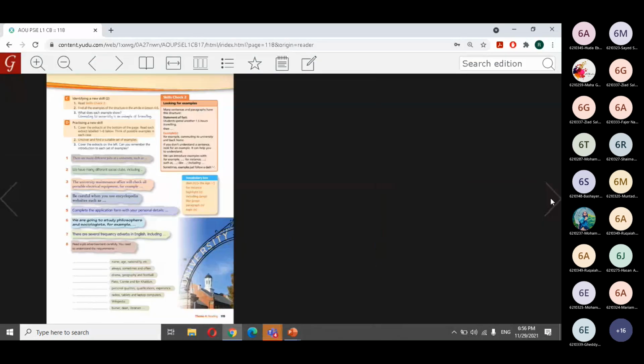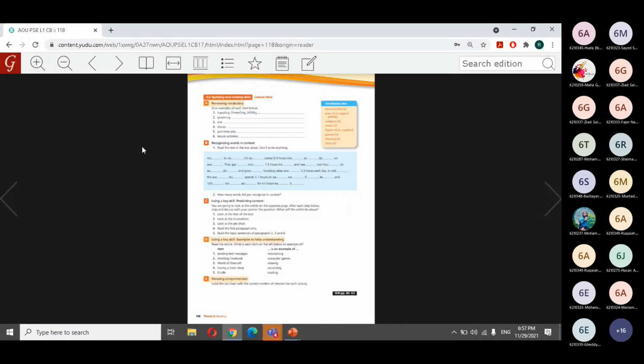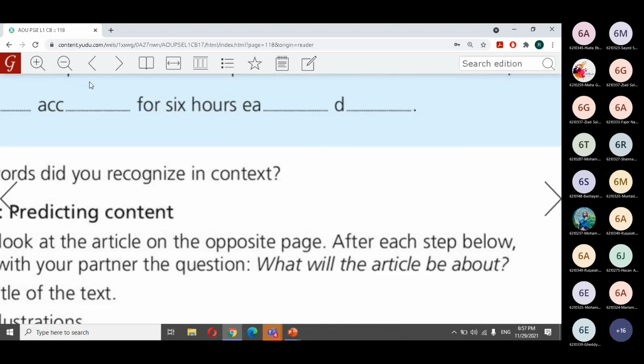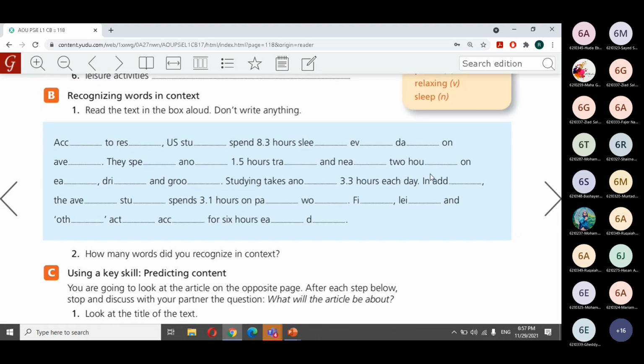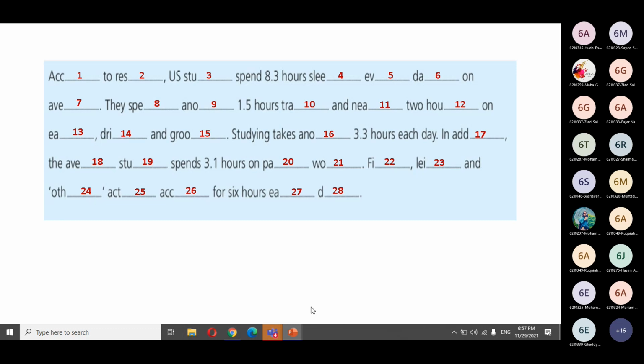This exercise. I copied the exercise and put it in a slide. What you are going to do here: first, I want you to have a look. Don't write anything. Don't say anything.